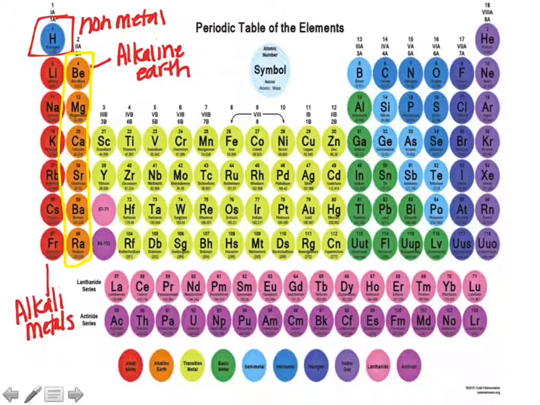They're different. The next one, this big block rectangle, is called the transition metals.